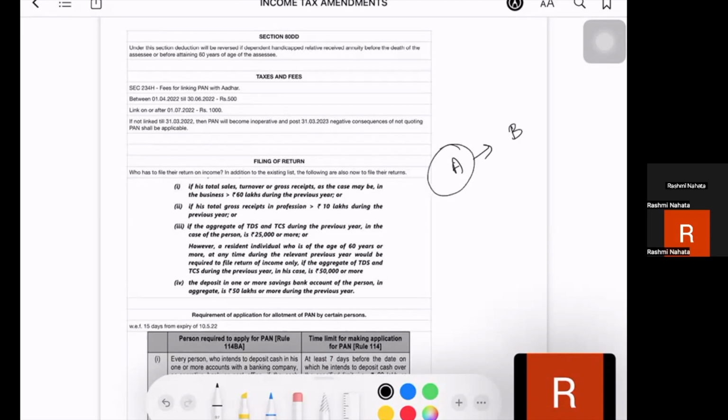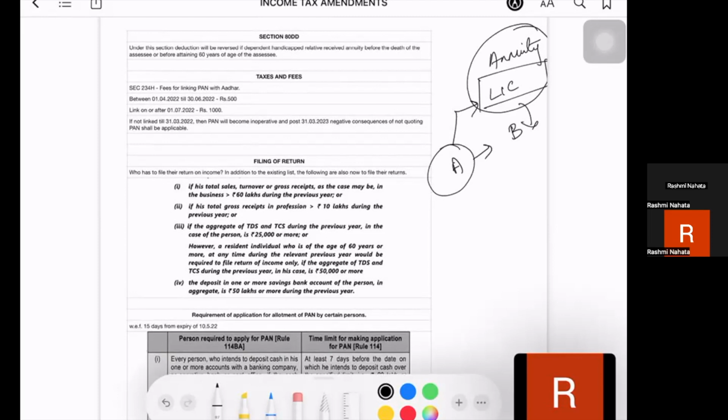And for the benefit of B, A has decided to put up an amount in an LIC annuity scheme for B. So if something happens to A, with this particular money, B will be able to survive. And deduction is given based on the amount which is deposited and so on.